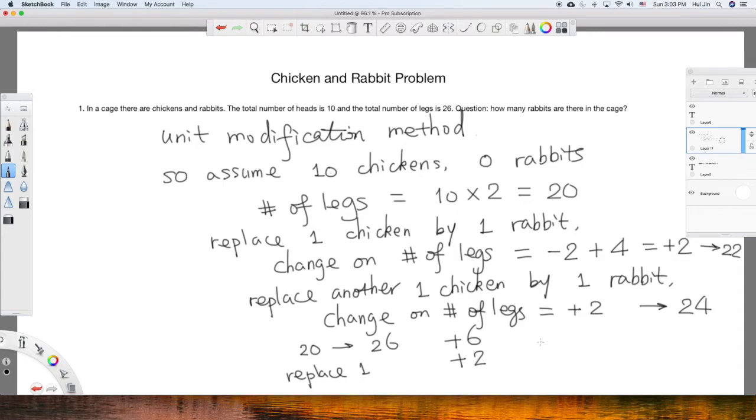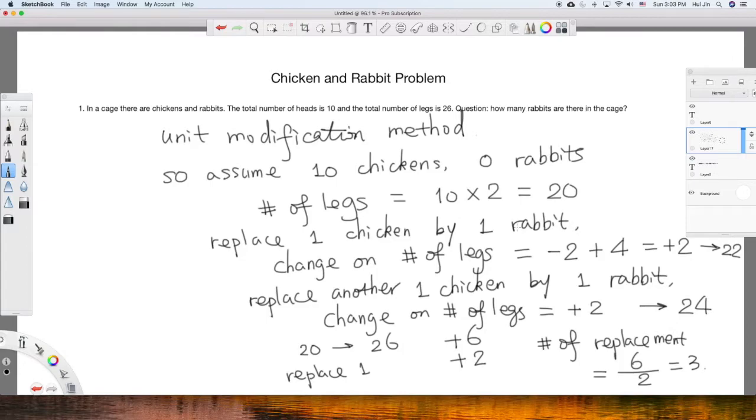The number of replacements equals 6 divided by 2 equals 3. So we need to replace 3 times, and that means there will be 3 rabbits and 7 chickens.